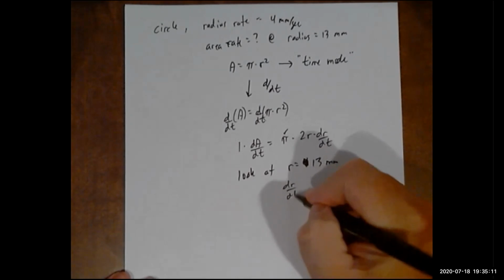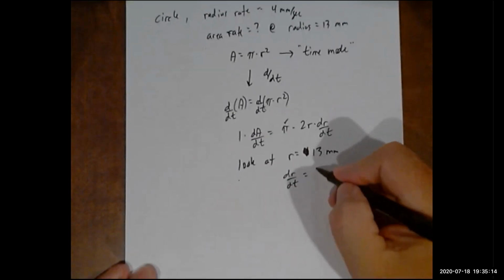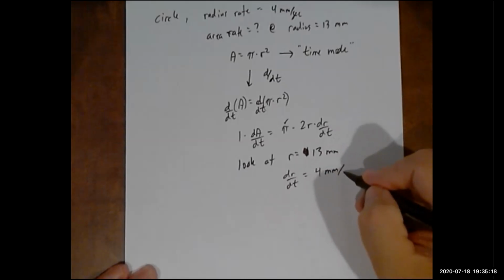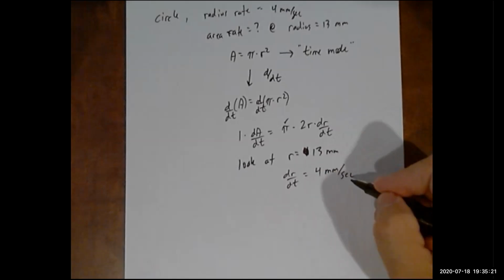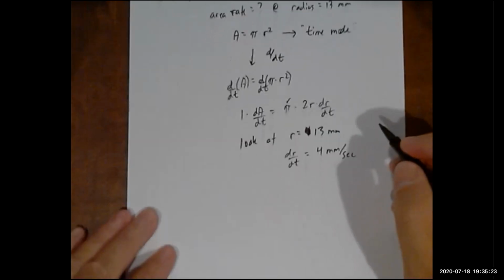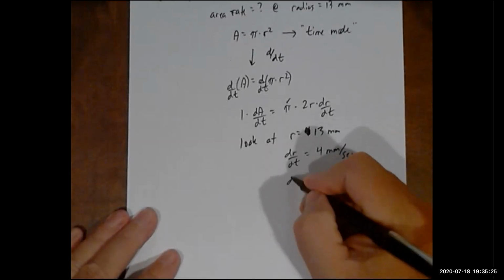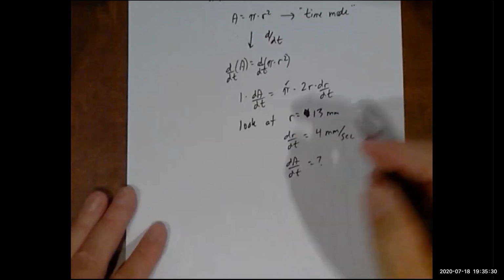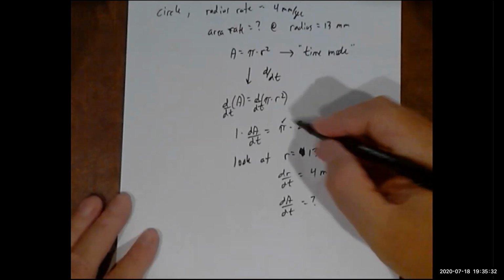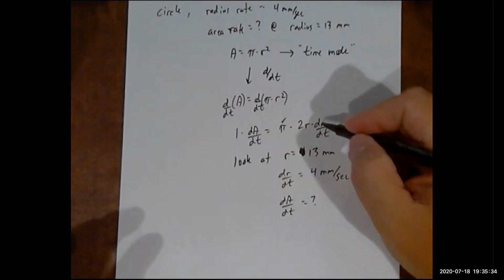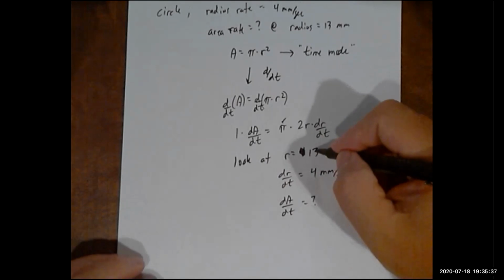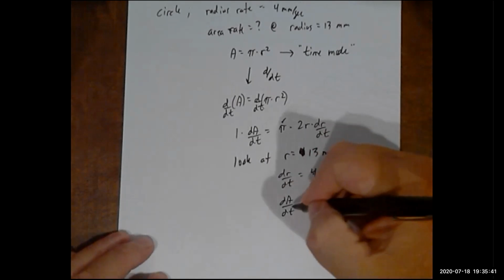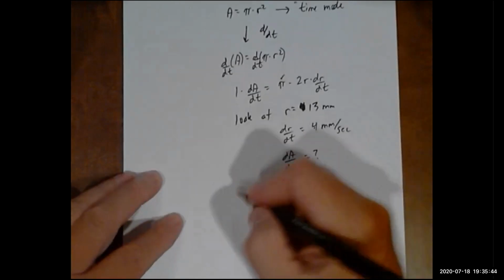They tell us the rate of the radius changing or growing is 4 millimeters per second. And then they're saying, what is the rate of change of the area? So it's like you take this equation, you freeze it in time, and we freeze it when the radius is 13. They tell us the dr/dt is 4, find the dA/dt.